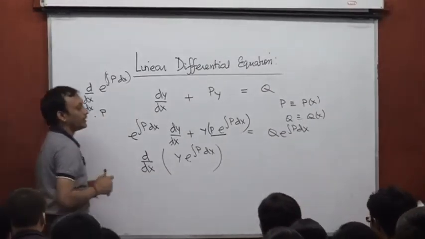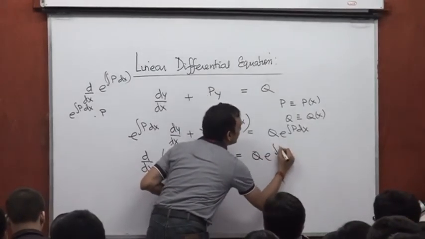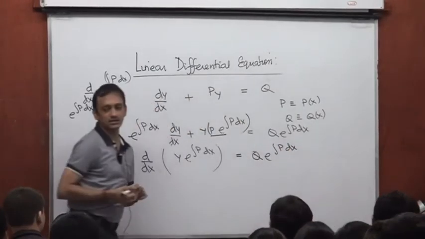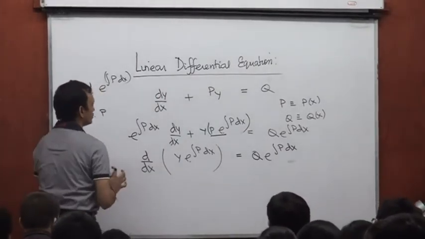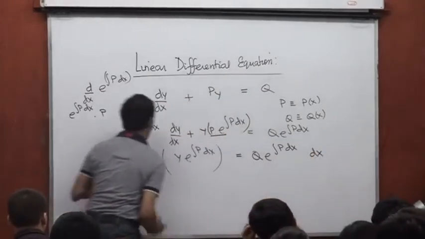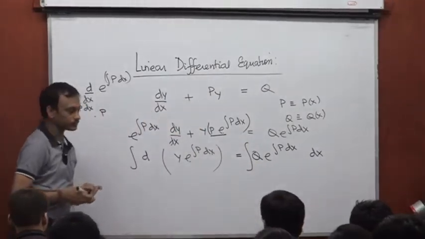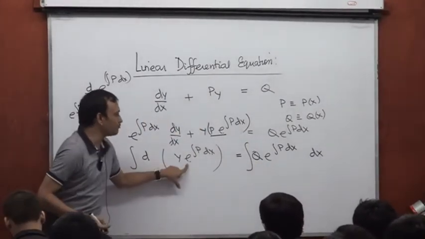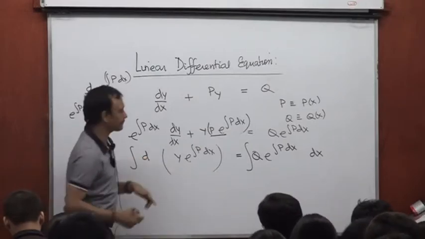And the right hand side becomes q e power integral p dx. And now when you take this dx on this side and integrate both sides, then d of t is t, integral d of t is t.